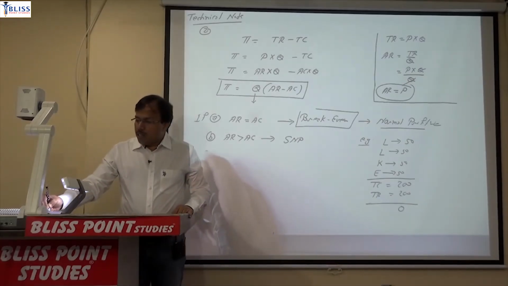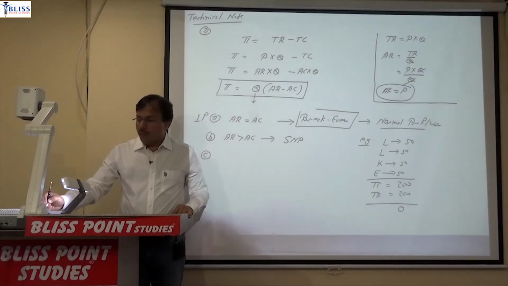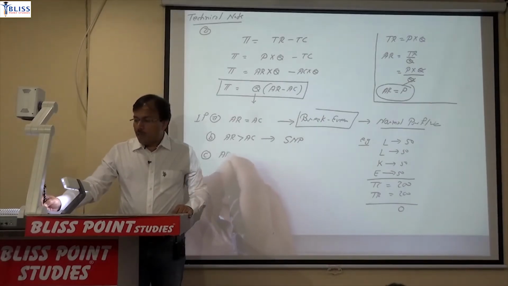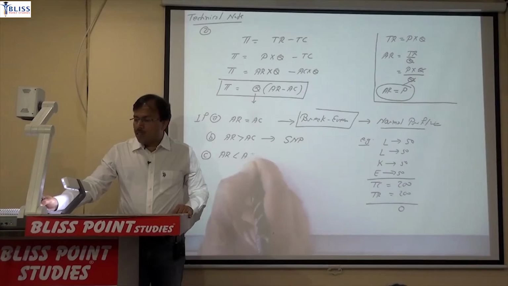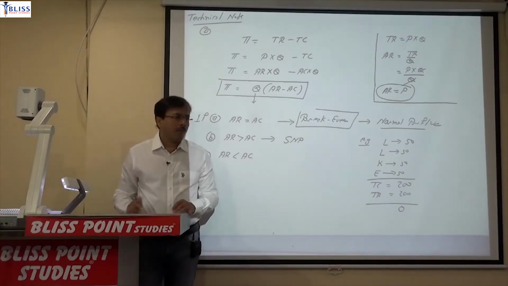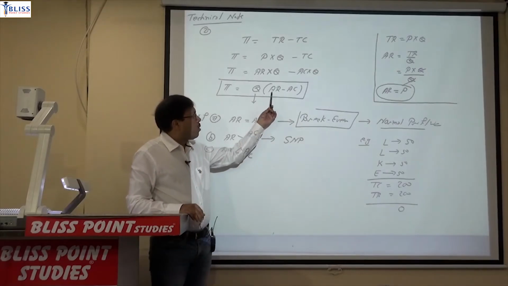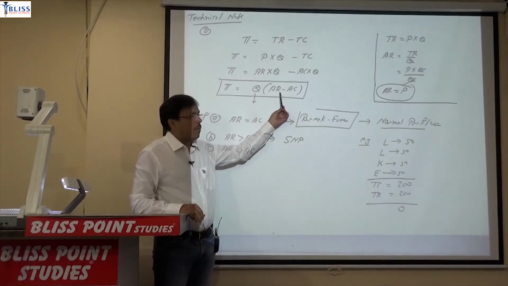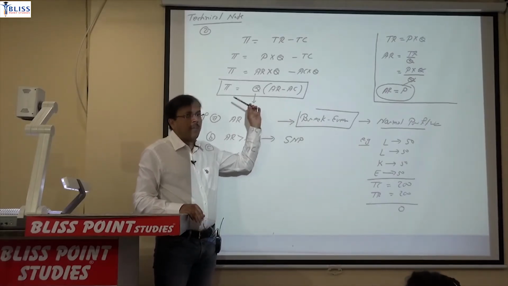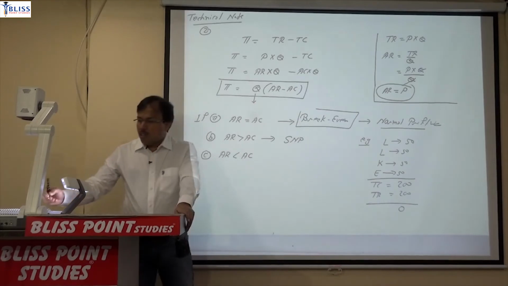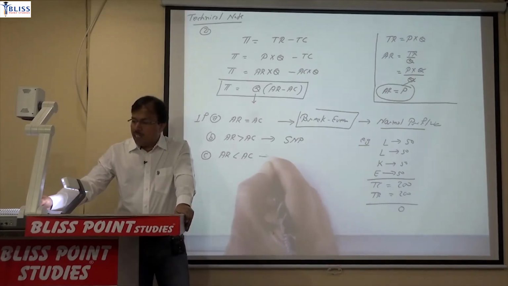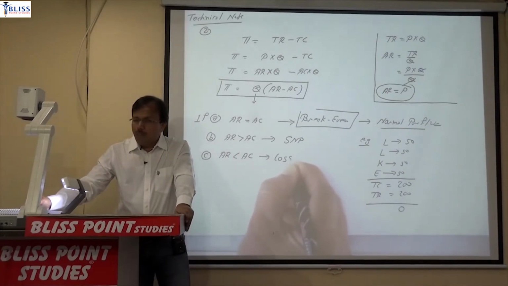Third condition is important. If average revenue is less and average cost is more, then what will happen? This will become negative. Negative profit means loss. So if AR is less than AC, then there will be loss.